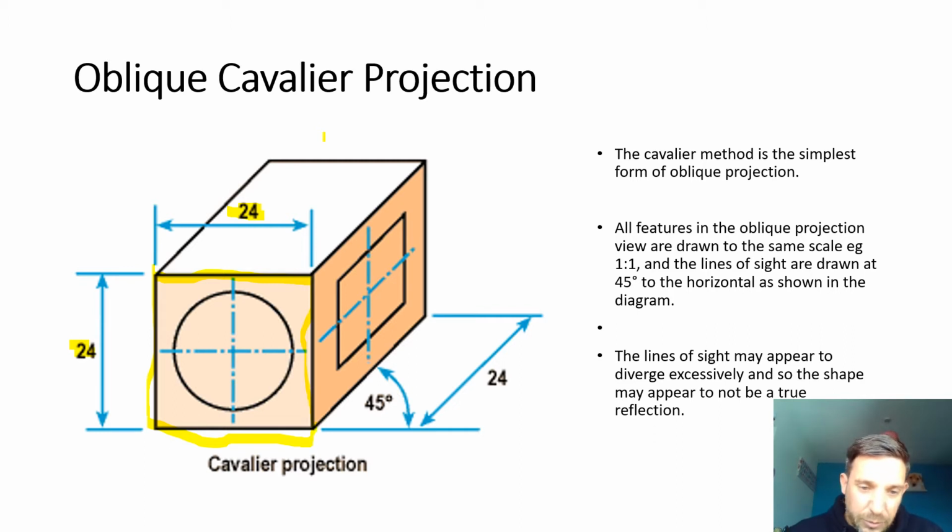But then we also draw this at 24 millimeters, and you can see that because of the perspective and because your eye expects the distance to decrease as it goes further away from you, it actually looks like this 24 mil line here has been drawn much larger.